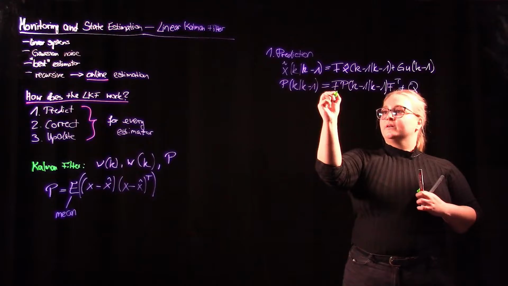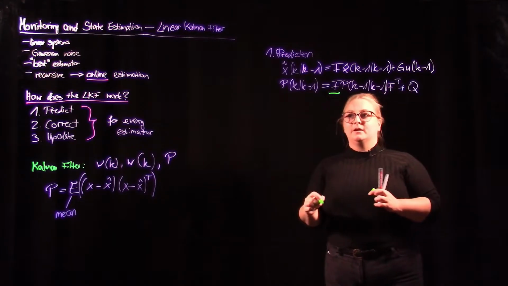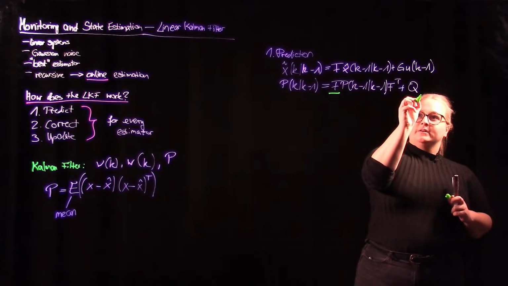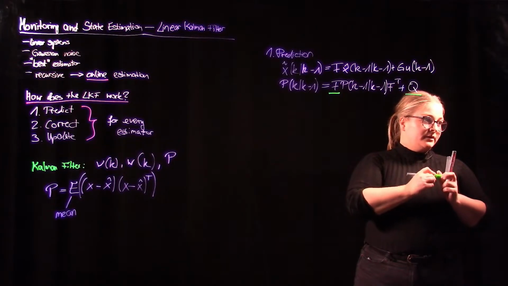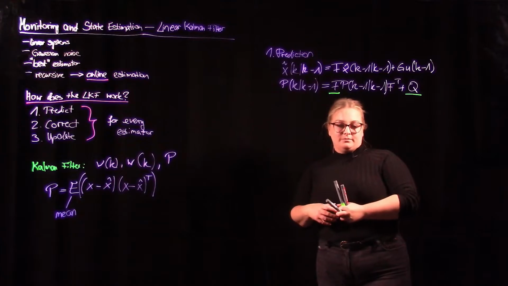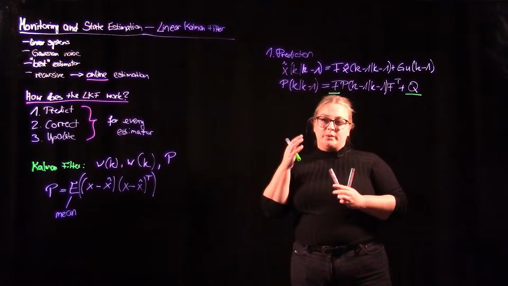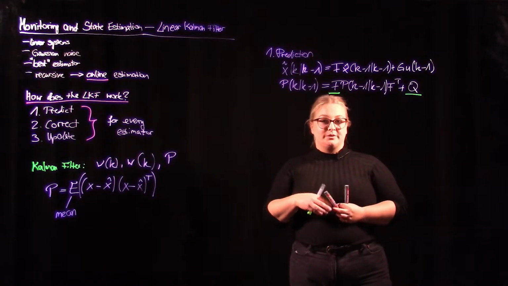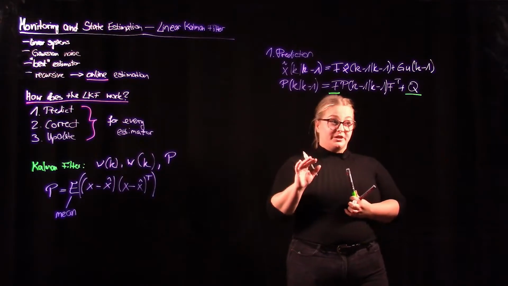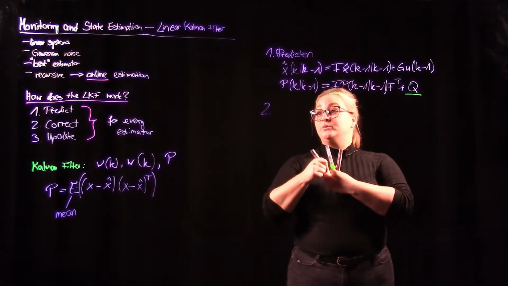We do have our state transition, which we had last time. And we also have Q, which is our process error matrix, a matrix for all the errors that we could find from the measurements from our process. So this is our new prediction, in difference to last time. We now compute the correction again.